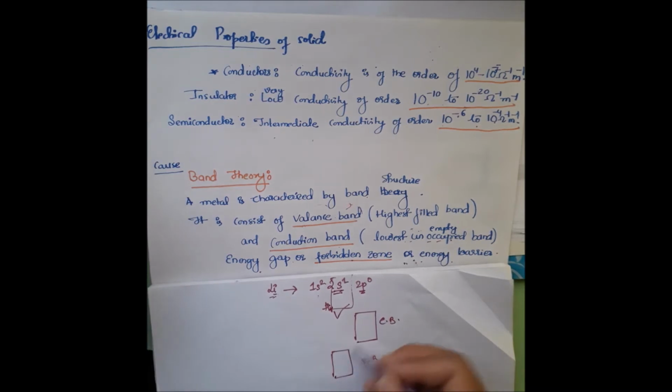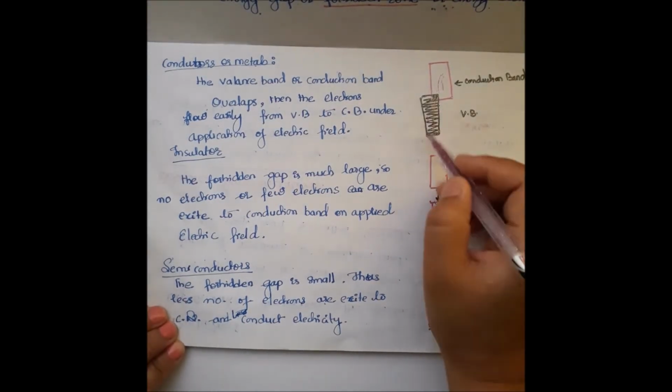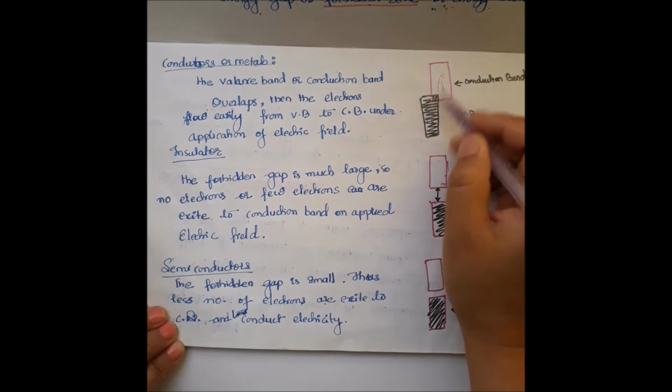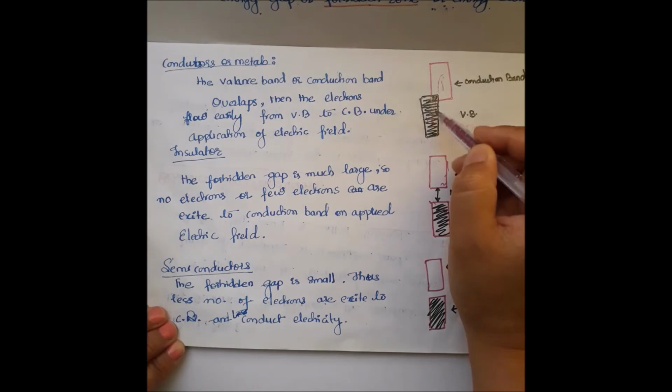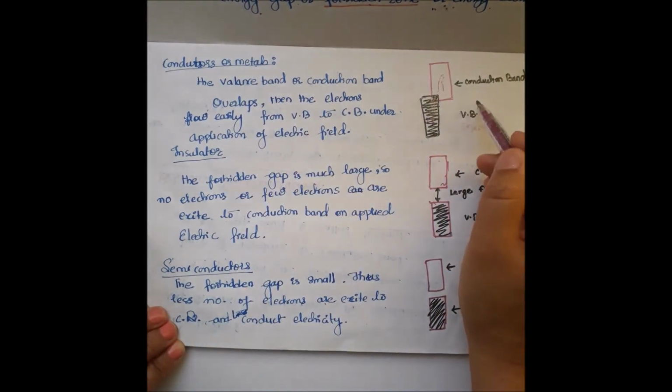The gap between the two bands is called the energy barrier or forbidden zone. When the valence band is partially filled or overlapping with the conduction band, electrons from the valence band can easily move to the conduction band.